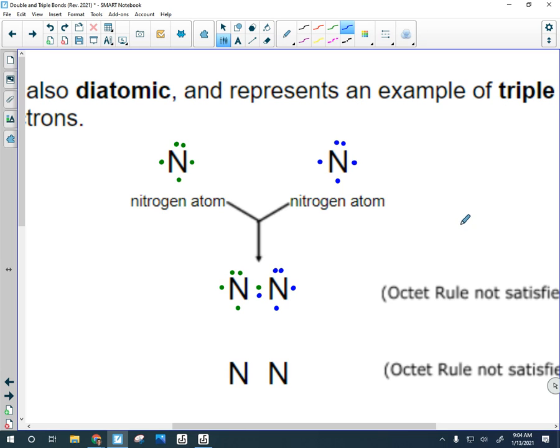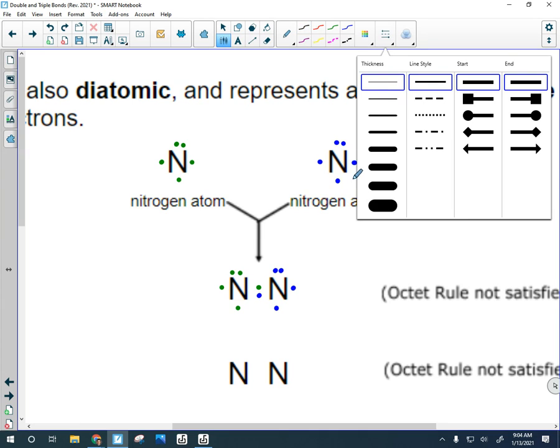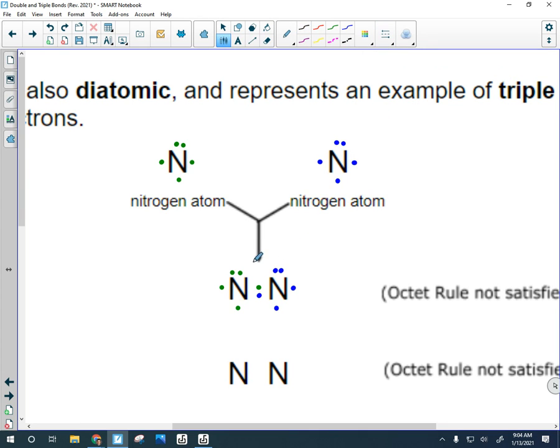Shared pair on the right. Again, if we check our octets here, we've got 2, 4, 5, 6 electrons available to the left atom, and same on the right, 2, 4, 5, 6. That is not going to satisfy the octet rule.